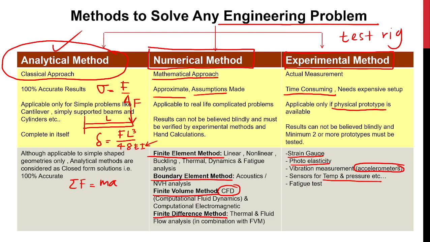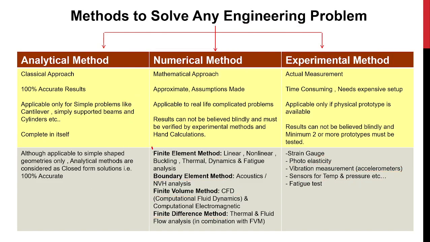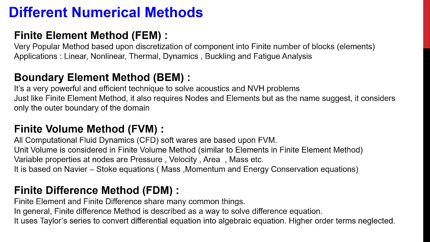So all these things consume some time. So today we will learn this one, finite element method, one of the numerical methods involved. Under the different numerical methods, the most popular is finite element method.